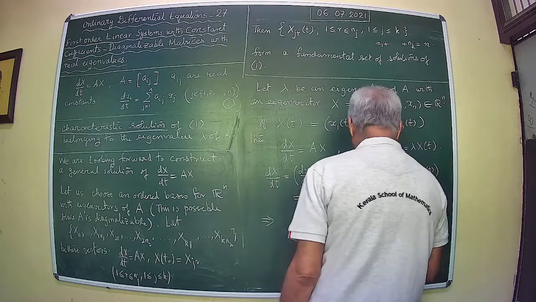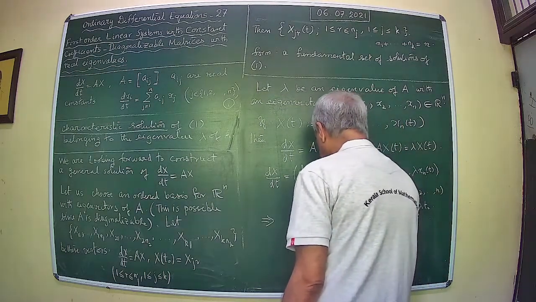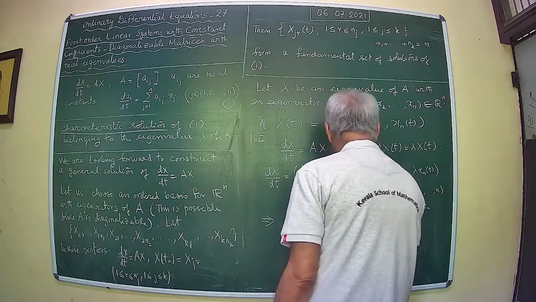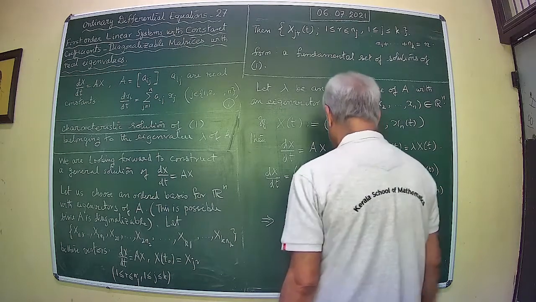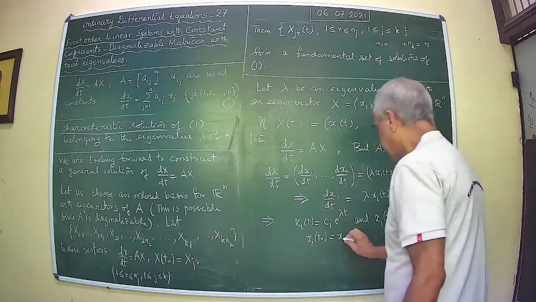Therefore, but x_i(t naught) is equal to x_i.